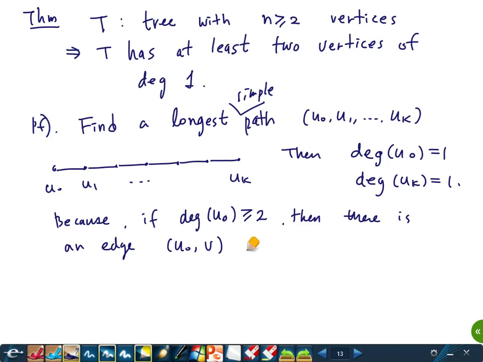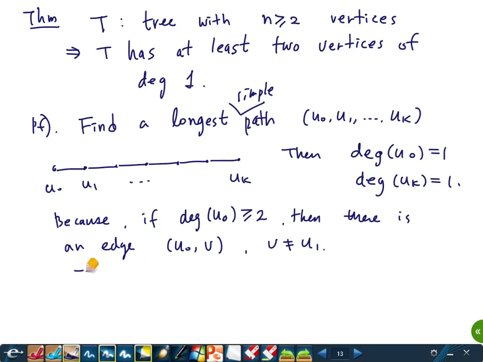Of course, v is not different from u2, because that is already counted. Degree 1 must be, but we must have something else, but it cannot be one of these.